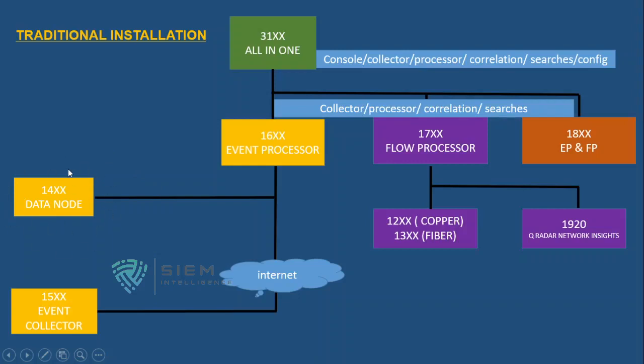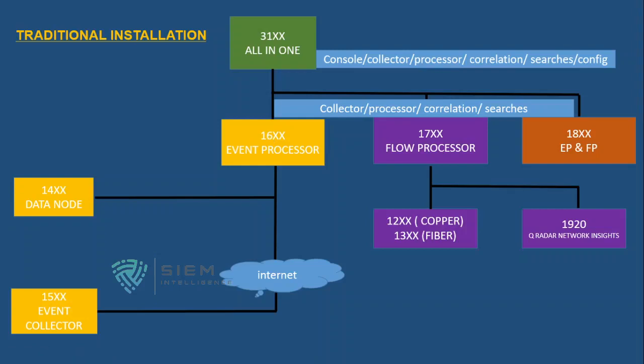Why? Because it has its own processor and RAM, and at the same time, if you have the entire data over here, the processing and RAM capability can also be used as a search capability. You can do multiple searches. If you are doing searches on the event processor, it also has the responsibility of collection, processing, as well as searches, so processing degradation may happen.